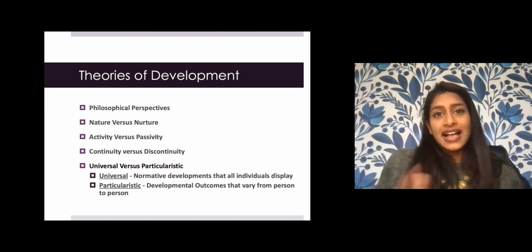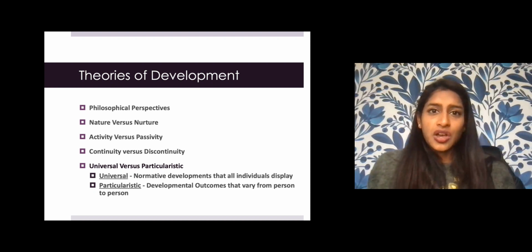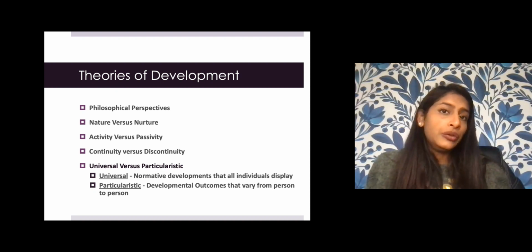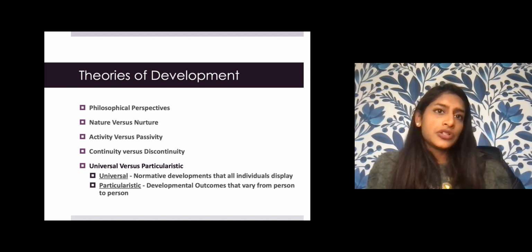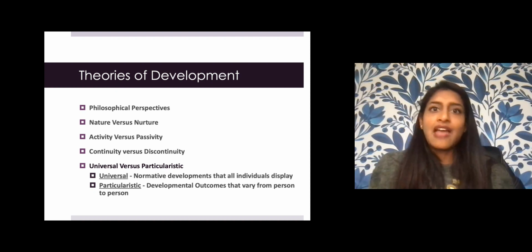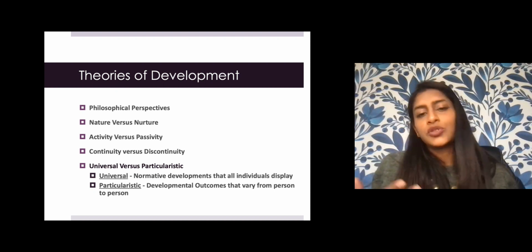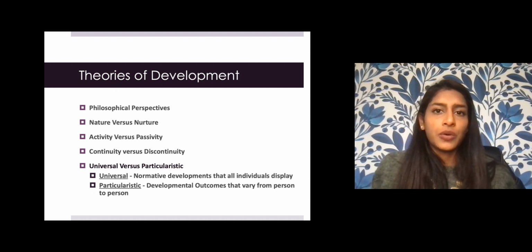Okay, the last kind of theory I'd like to talk with you about here is this idea of development as being sort of universal or sort of particular. The universal aspect is that it's something that everyone goes through, right? Some sort of developmental milestone that everyone typically goes through. We consider this to be sort of normative development.